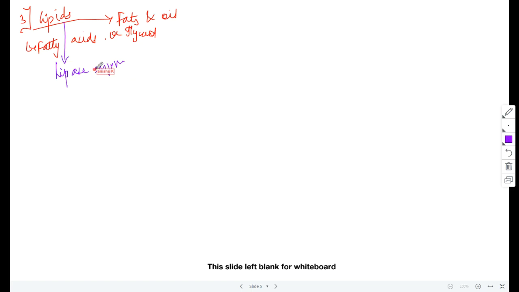We are using an enzyme known as lipase, which is breaking down the lipids. Understand this part? So when lipase is there, it breaks down these lipids into fatty acids and glycerol. These lipase enzymes are produced in the pancreas.